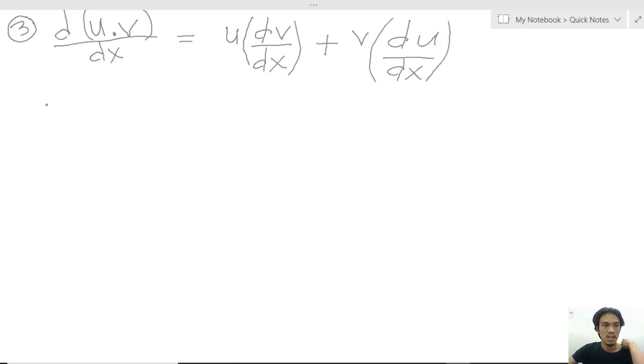That is the formula for the derivative of multiplication, or derivative of two functions being multiplied.